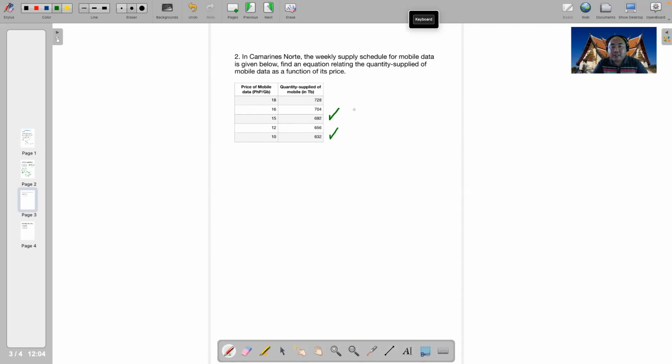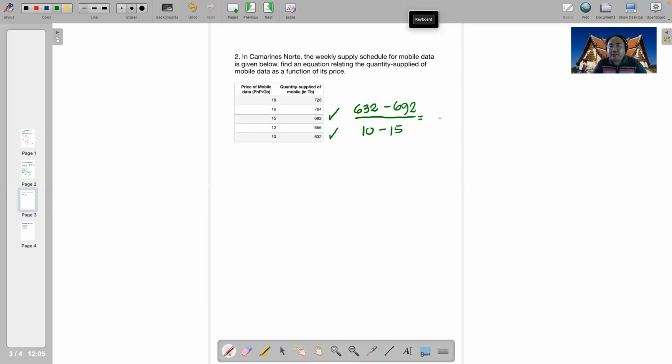At a price level of 10, 632 terabytes of data is supplied. When the price increases to 15, a total of 692 terabytes will be supplied in your market.